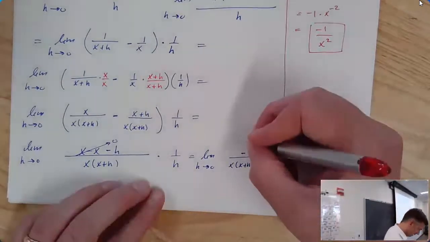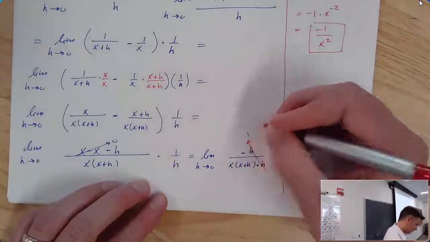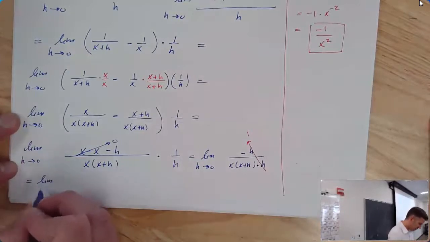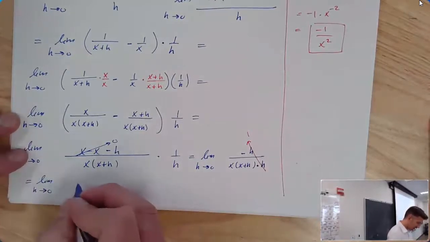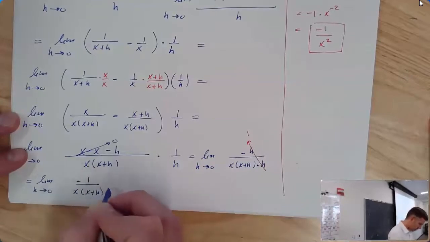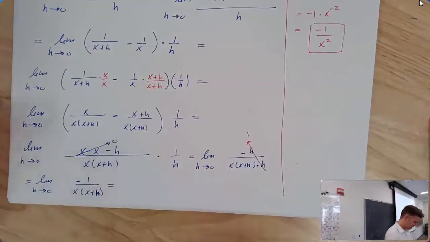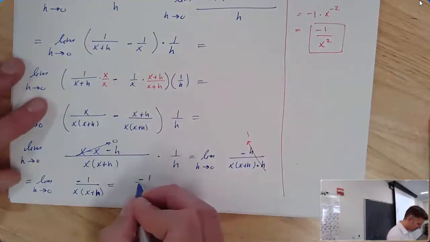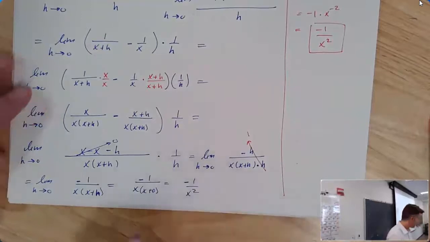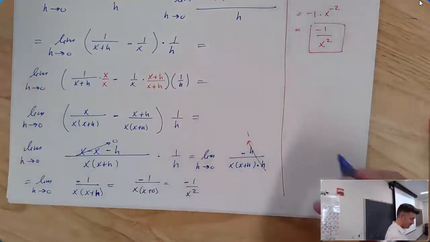And then h divided by h is just 1. So I'm left with the limit as h goes to 0 of -1 over x times x plus h, letting the rest of the h's go to 0. You get -1 over x times x plus 0, which is just -1 over x squared, as expected.